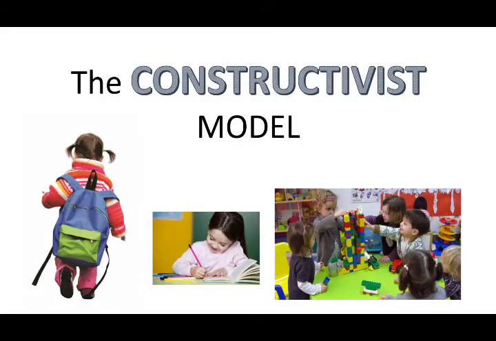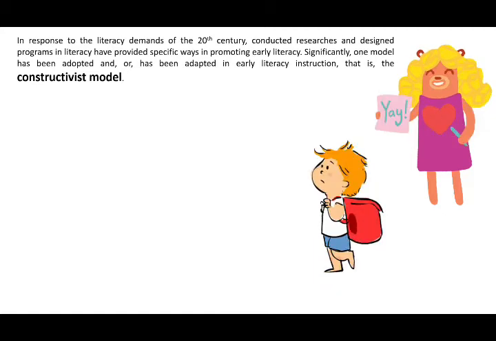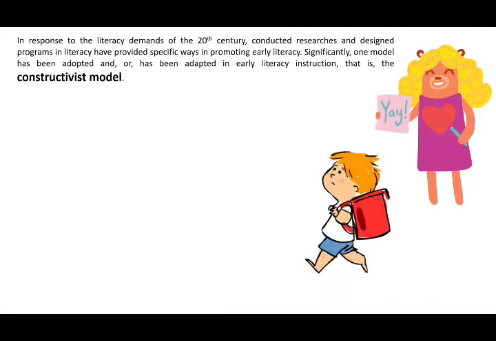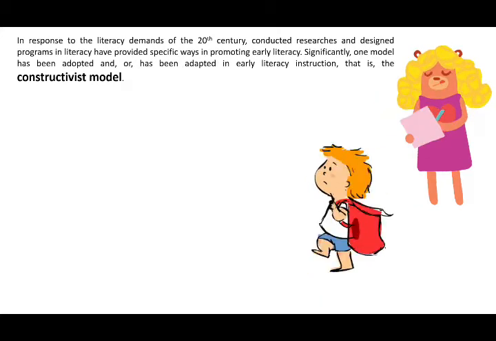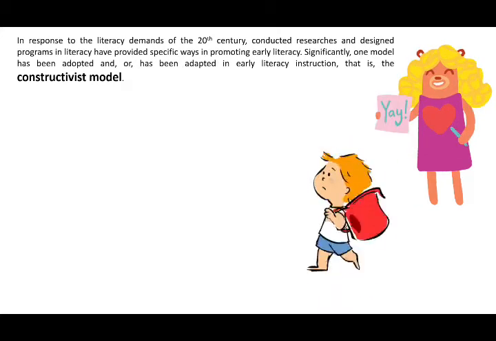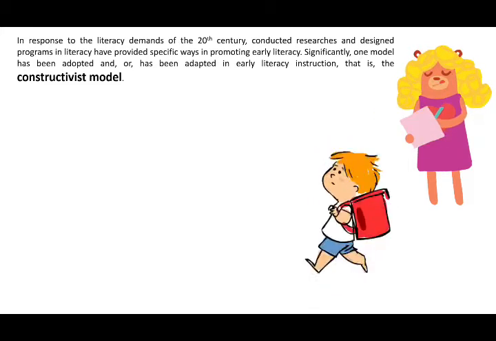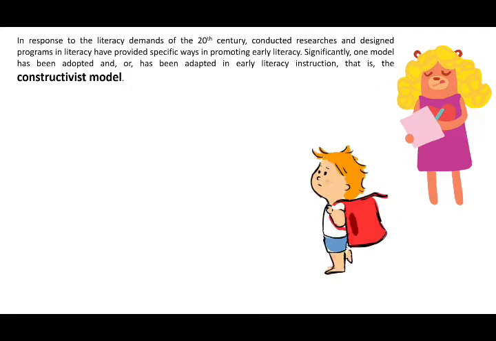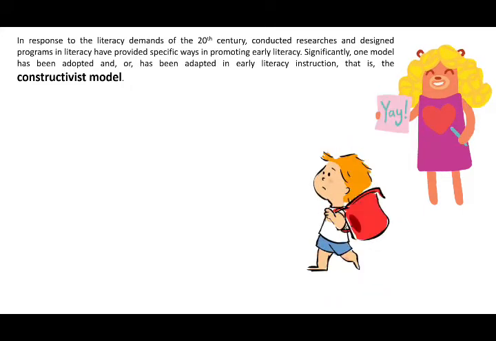Without further ado, let's proceed to the constructivist model. Okay. Now, class, concrete teaching models have evolved and have been continuously modified to meet the needs of emergent learners and to develop their literacy skills. Speaking of literacy, it is viewed to be changing over time simply because the demands of the society also change, no?